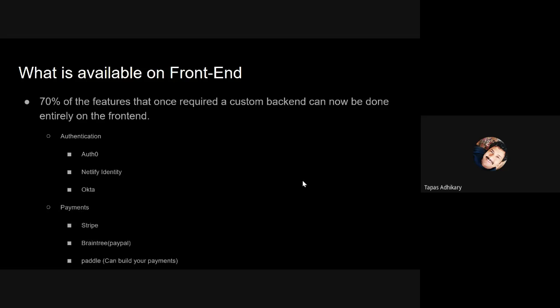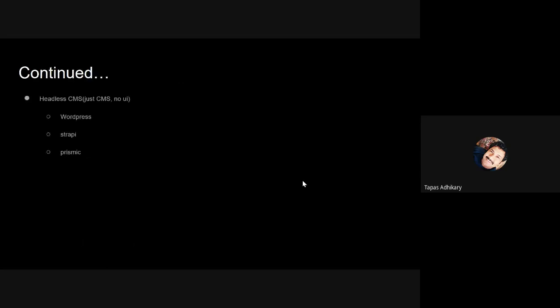You want something for payments, some payment gateway, you have Stripe, you have Braintree from PayPal, you have Paddle. It's a much more customizable one. You don't have to build this by yourself, right? It's already available through APIs. Headless CMS, we've already spoken about it. Just CMS, no UI. You need an email service, you need a form, right? You can get the service very handy through APIs to get things done.